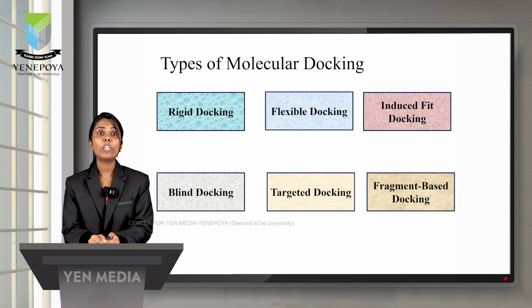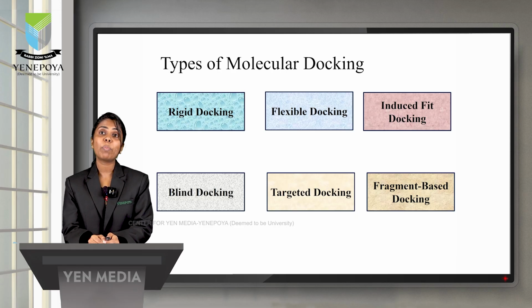Blind docking is where the ligand can bind to any part of the protein. The binding site is not predefined. So, after the docking score, we can determine the site where the binding occurred. Targeted docking is where the site on the protein is predefined, and the ligand goes and binds to the selected site.